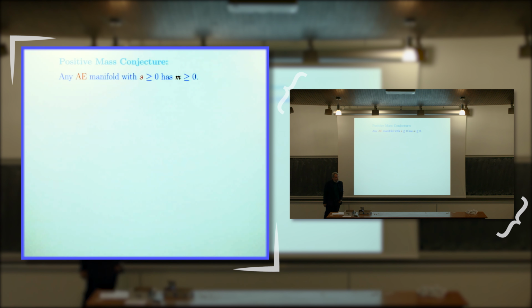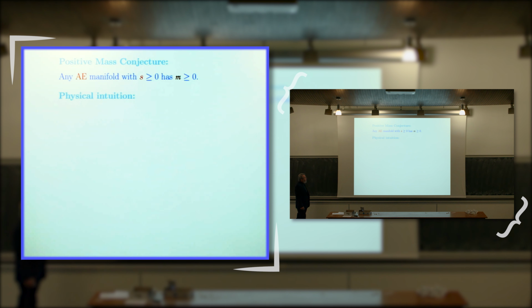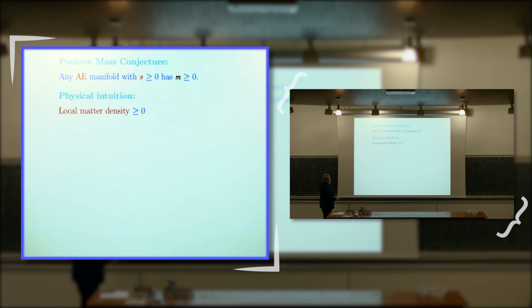All right, so early in the talk I mentioned the positive mass conjecture. The positive mass conjecture is that if you have an asymptotically Euclidean manifold and it has non-negative scalar curvature, then the mass should be non-negative. When this was first told to differential geometers, they were very puzzled why this should be true, but physicists had a reason for believing it, because the scalar curvature in this context actually represents the local matter density.